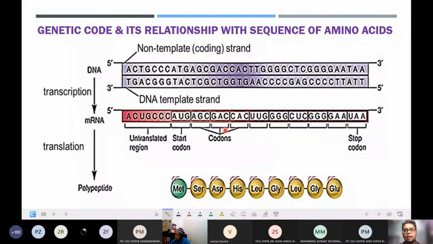GAC codes for aspartic acid, CAC for histidine, and so on. There are many types of amino acids, and all will be coded by the codons of the mRNA. Through translation, all these amino acids will be joined together to form a long polypeptide chain, also known as a protein.